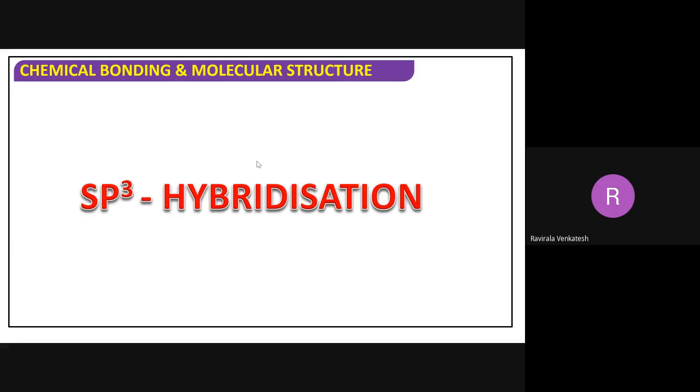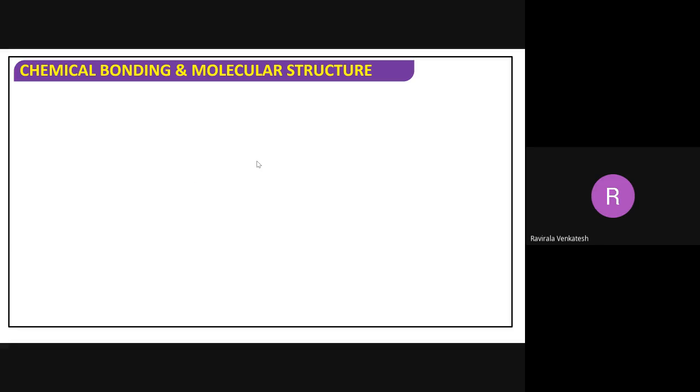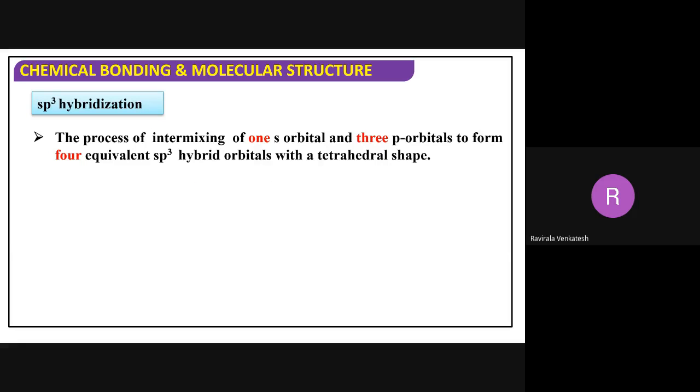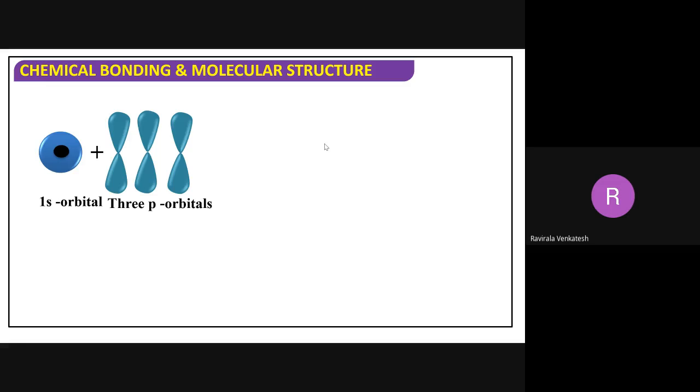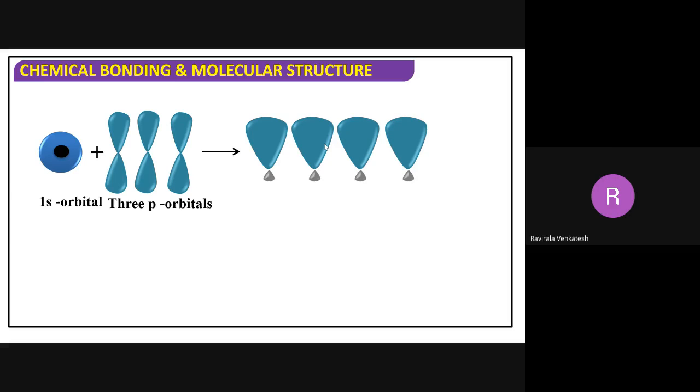Next, sp3 hybridization. Here one s orbital and 3 p orbitals undergo mixing to give 4 equivalent sp3 hybrid orbitals, and the shape will be tetrahedral. With one s orbital and the first, second, and third p orbitals mixing, we get 4 hybrid orbitals.